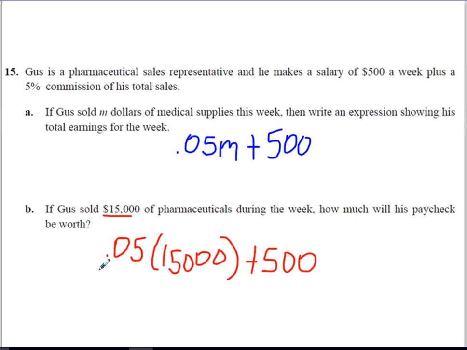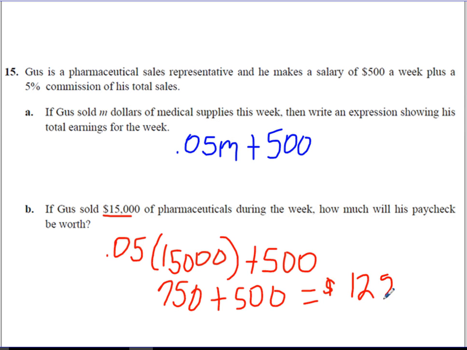So when we take 5% of 15,000, we get $750 extra just for his sales. So we add that to the $500 base pay. We see that his take home for the 1 week is $1,250.